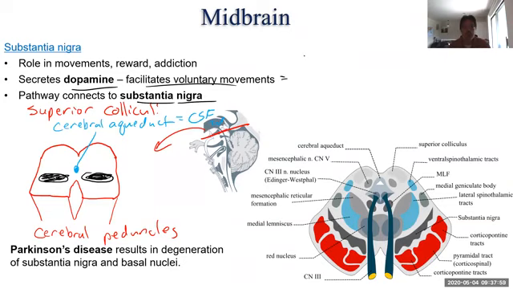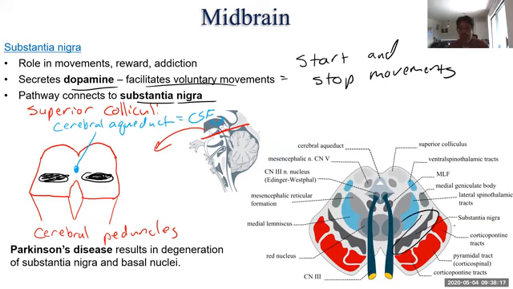So it allows you to start and stop movements. On our picture over here, you can see a nice area where the substantia nigra is, kind of where I was trying to show you.